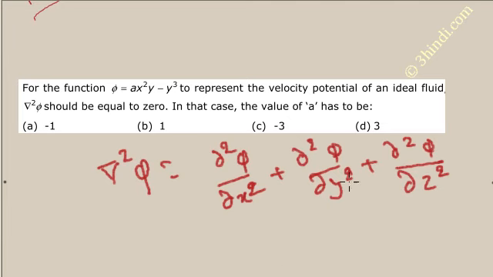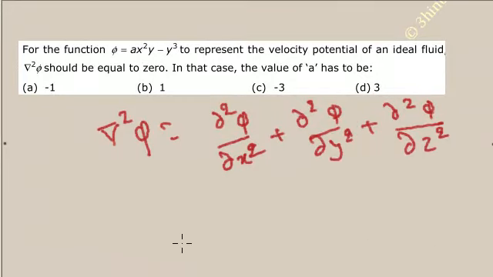Now I have explained earlier, del 2 phi means del square phi by del x square plus del square phi by del y square plus del square phi by del z square. So here del square phi by del x square: first differentiation will give twice axy and then differentiating again will give twice ay.